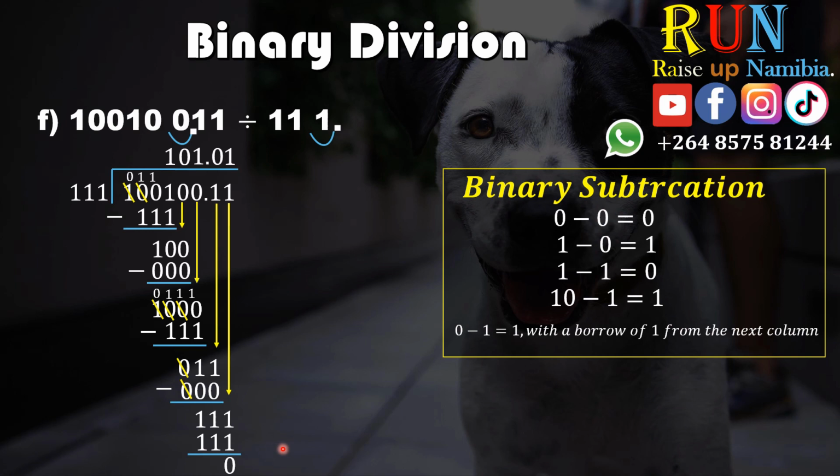So we write 111 here, we draw a line, and then we subtract. So after subtracting here, don't forget to put your subtraction sign here. And then after subtracting, we'll get a 0 because this is 111 minus 111. So it will be 0. And that basically is your final answer. Okay? So your quotient is 101.01 and then the remainder is a 0.